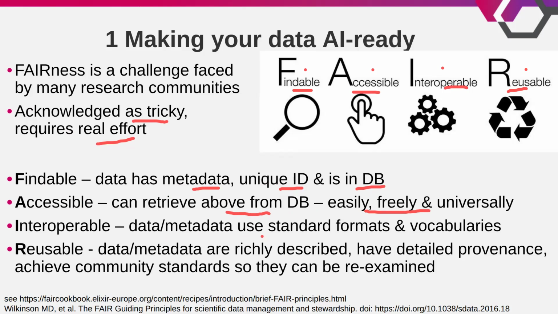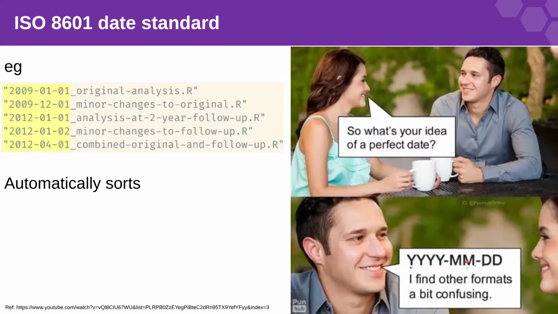Where possible, you should use standard formats and vocabularies. You don't need to invent your own. You can use ones that exist already. To make it more reusable, we have rich metadata, and you apply community standards so that data can be re-examined as easily as possible. Obviously, that's a work in progress, but that's where we'd want to be. An example is the ISO 8601 date standard.